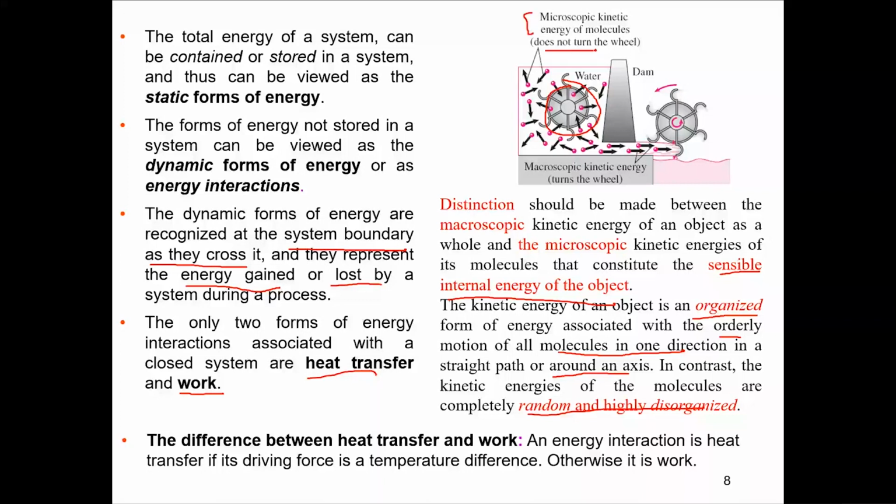But if you organize the motion of molecules in such a way that they hit the wheel in a certain direction, they have an organized, orderly motion. This motion would result in macroscopic kinetic energy of the system. Organized orderly motion results in work produced as a form of macroscopic energy, which is the kinetic energy of the system. Clear enough?